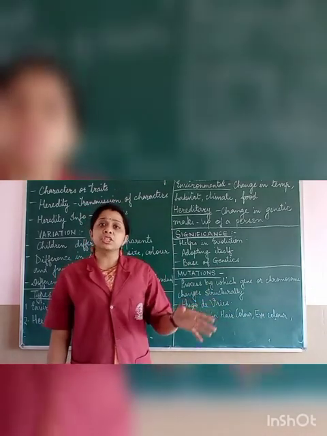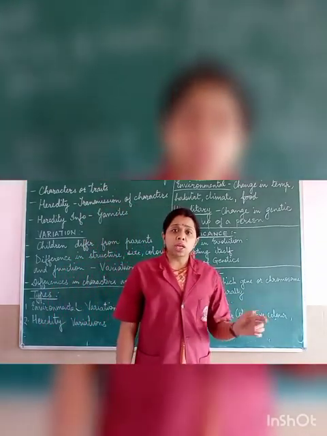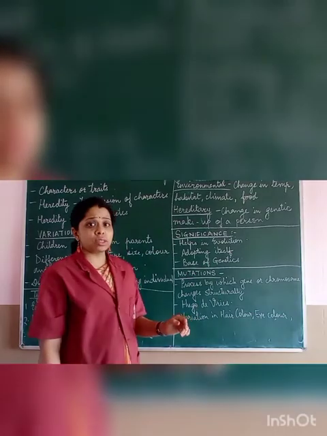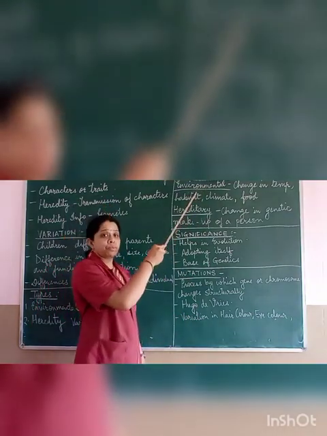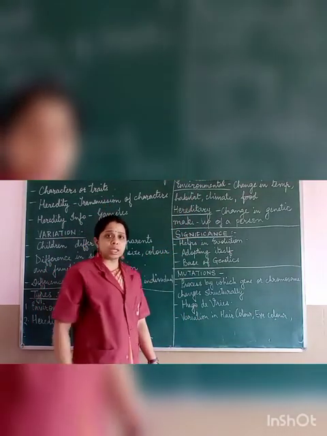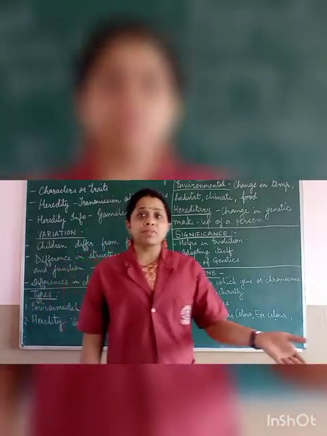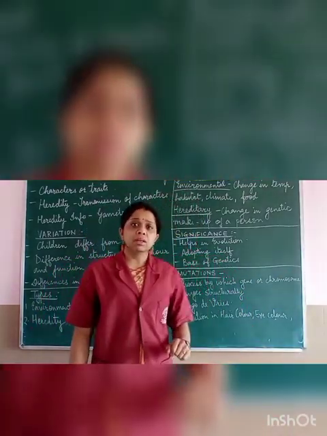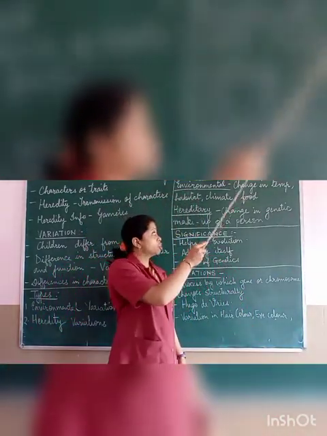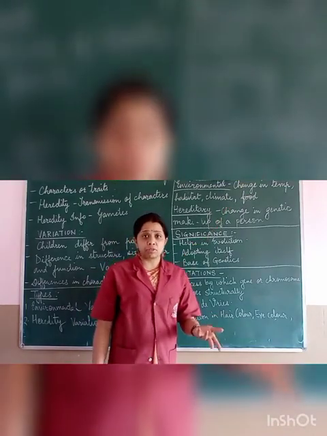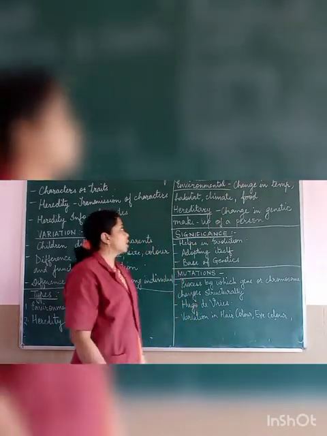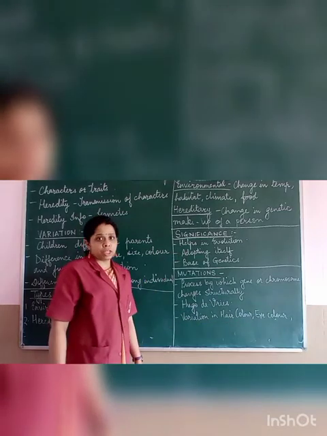Obviously there will be changes in its color tone. Even the food the parents ate may not be eaten by the children in the same way, so variations may be caused by the food we eat. These are the environmental variations.